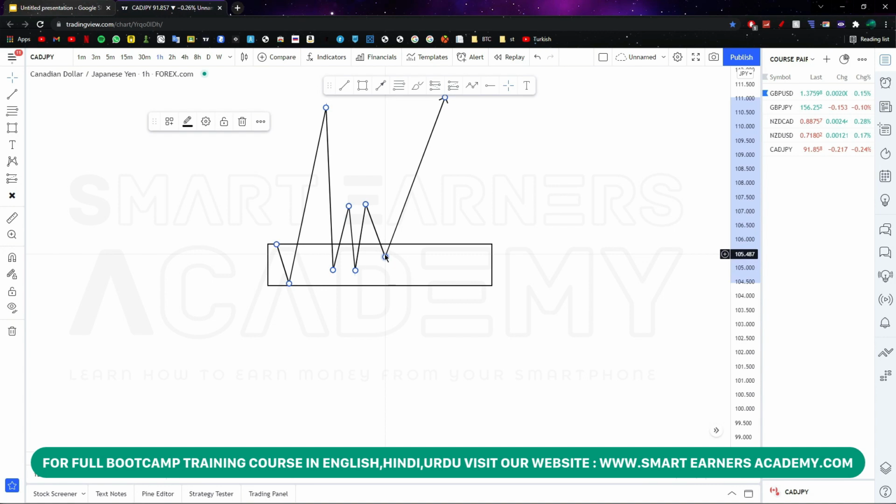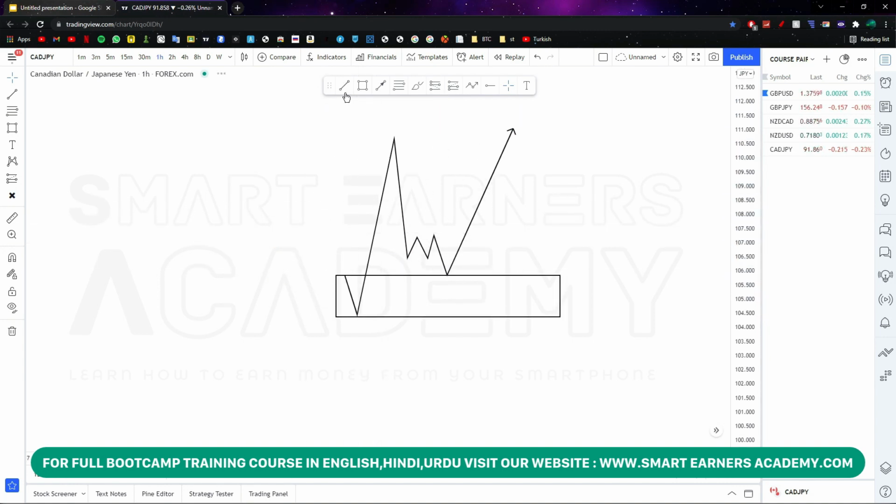Because then price can just liquidate the lows and break out of your zone. So you need to make sure your equal lows are above your zone and look somewhat like this, right? Then price will come in, liquidate these lows, tap into our order block, and then show us reaction. That is basically the scenario that you want to be seeing.